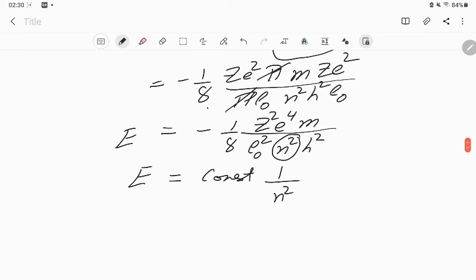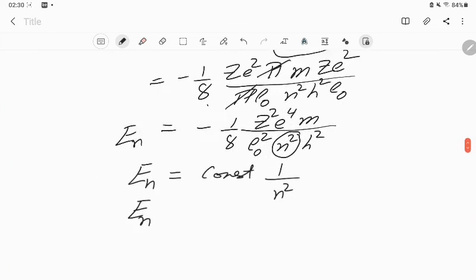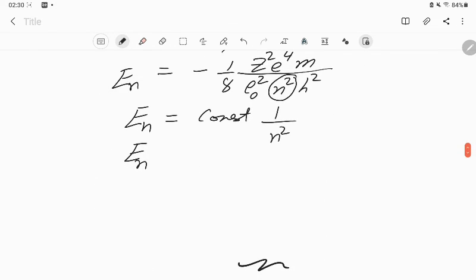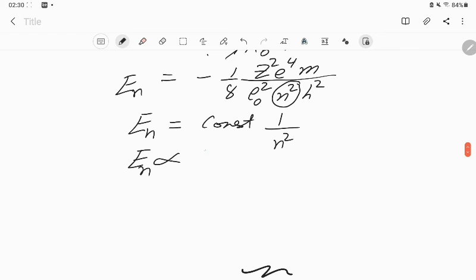So E is energy, E_n. Write E_n because it is in the n-th orbit. So the energy of the electron is inversely proportional to n squared. n is the number of the orbit, in which orbit the electron is there.